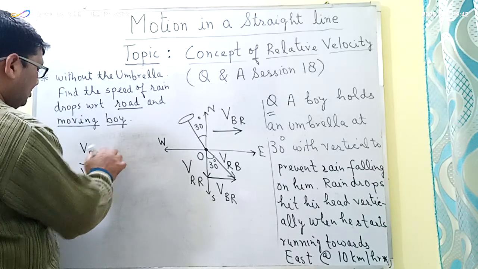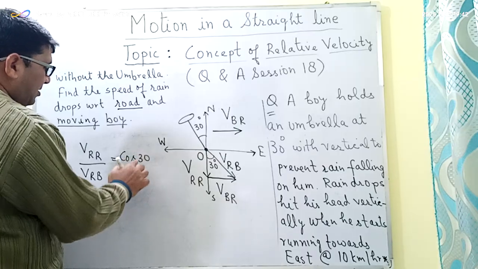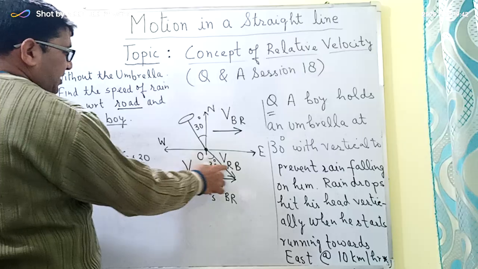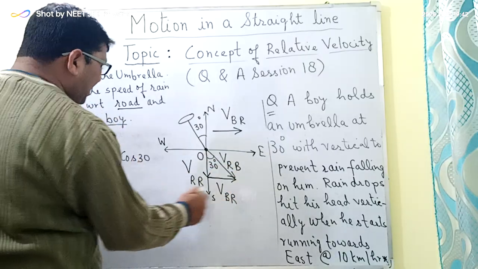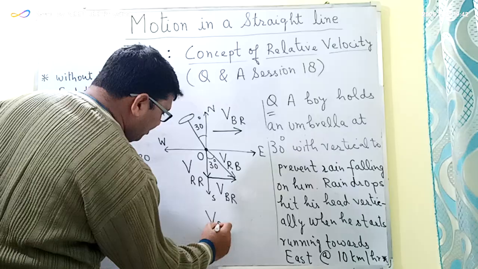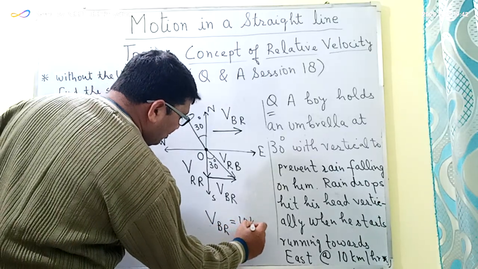This is equal to cos theta or cos 30, and here VBR is known to us. V, that is the velocity of the boy with respect to the road, is equal to 10 km per hour.